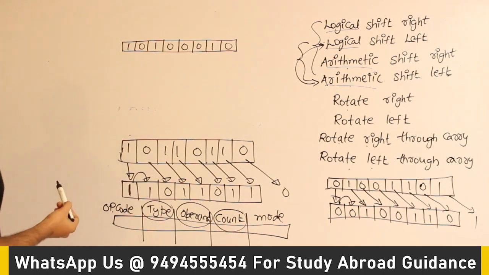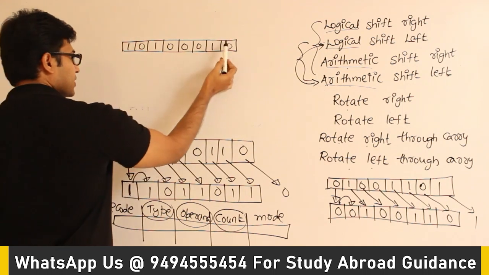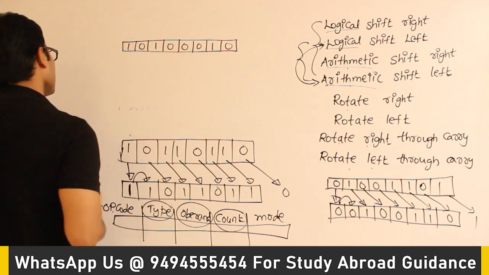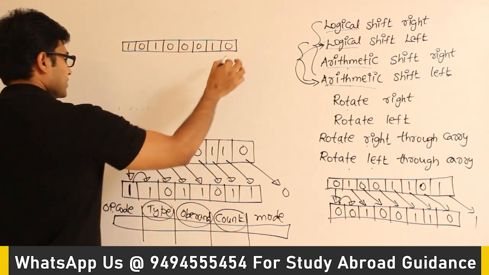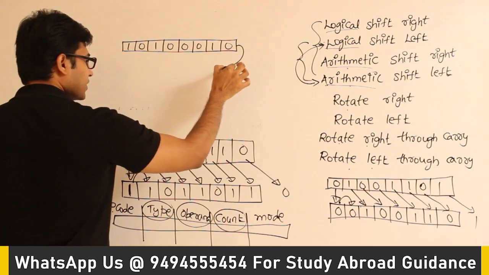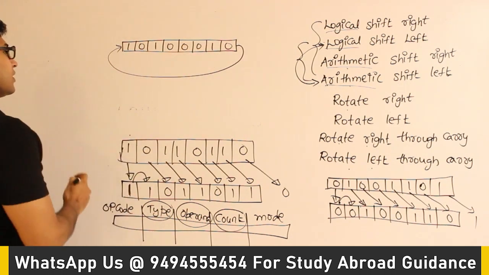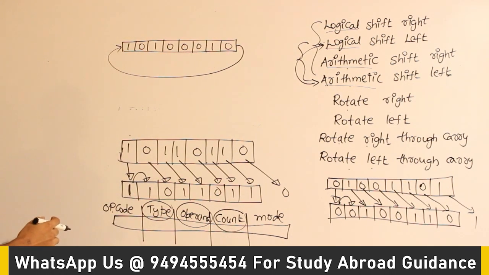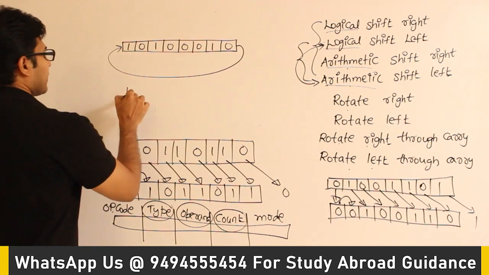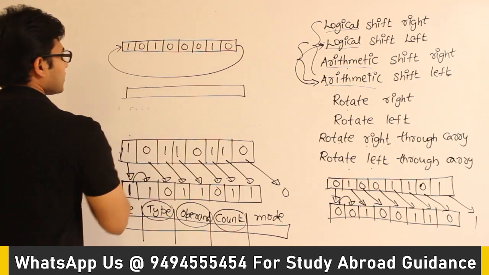Okay, and if I want to rotate right, actually shift right means this bit is going to fall off and all of them are going to move that side. Rotate right is nothing but we take this bit and it will enter from here, and all the bits will adjust simultaneously in such a way that no bits are actually lost but all their positions are shifted one right except the last one, right?